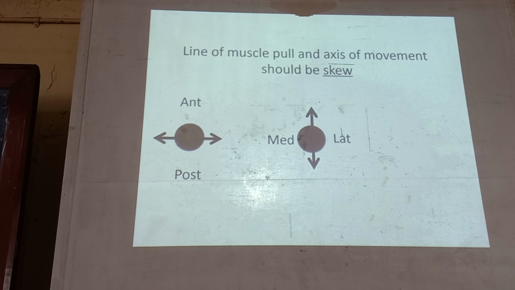And of course, when it comes to rotation, it is around the vertical axis, shown by that white dot through and through the bone. Muscles starting from medial and crossing the axis anteriorly are medial rotators. Muscles which start from medial but cross posteriorly are lateral rotators. Remember, for rotation, the reference point is the anterior surface. If the anterior surface is brought medially, it is called medial rotation.